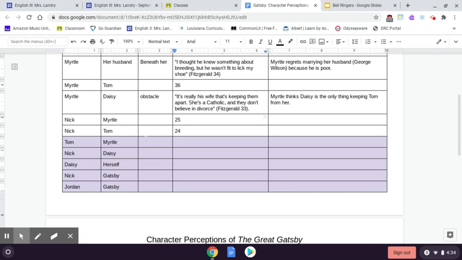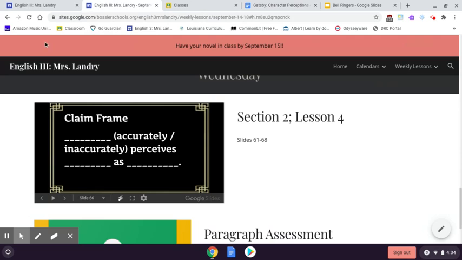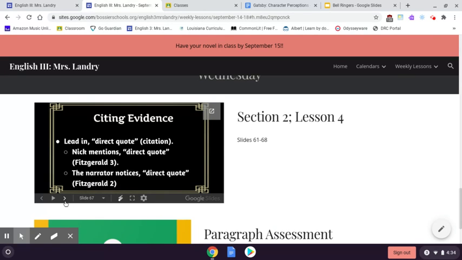So if you wanted to do Myrtle and her husband, Myrtle accurately, maybe, or inaccurately perceives her husband as beneath her. You already have one piece of evidence. You would just go back and find a second piece of evidence to support that. And that is how you would get the information for your paragraph. And I would highly suggest using the sentence frame once again.